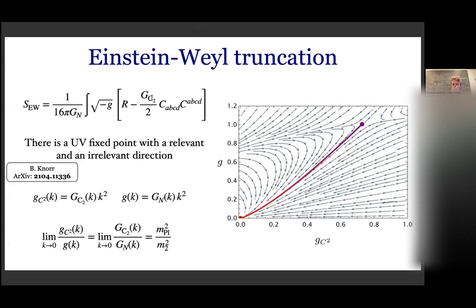The idea is the following. Since you're going towards the IR fixed point along this unique UV complete trajectory, the ratio between the dimensionless couplings is equal to the ratio between the dimensionful couplings, because the canonical scaling, the canonical mass dimension near the Gaussian fixed point, is in both cases proportional to our FRG scale squared, so proportional to k squared.